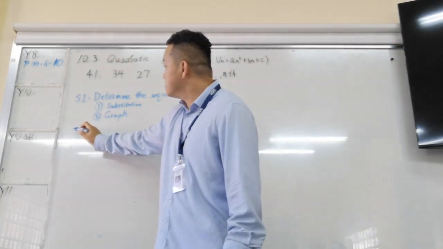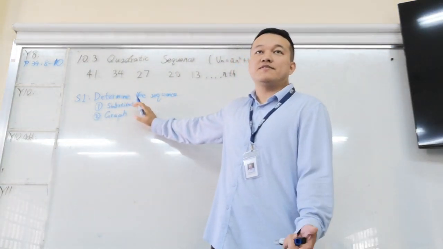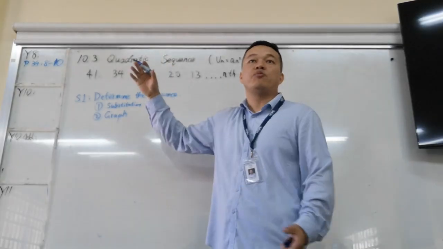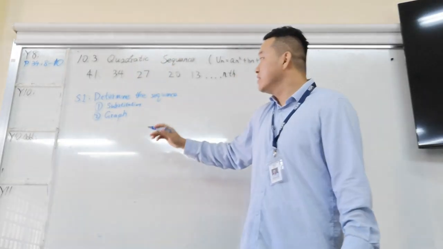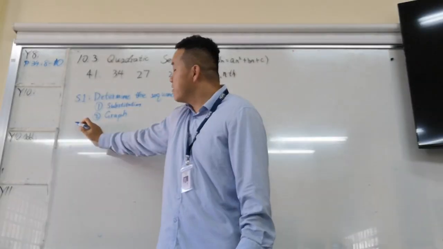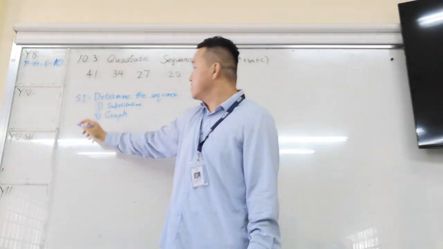Okay, let's just draw the graph, which is you just draw a graph x and y and plot all the points on the graph, right, to figure that out. So I'm not going to explain too much with this part. We focus on step 1. Okay, the first method.